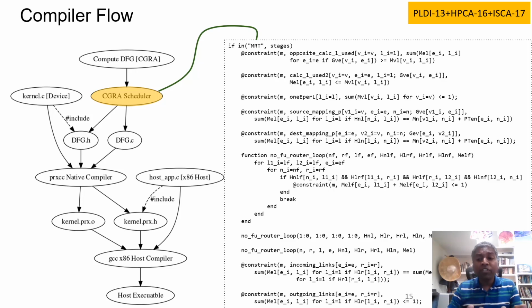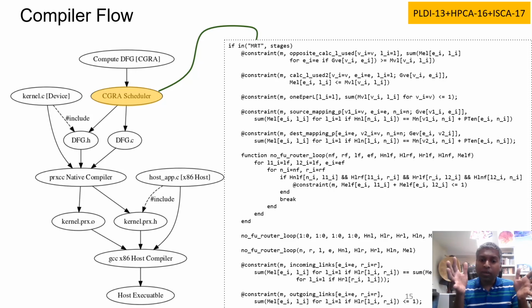The job of the scheduler is to create these mappings onto the hardware of what goes where. It then creates the object file that gets embedded as part of our full software stack into A.out and the x86 binary and so on. This sits underneath the DL parser and all of that, which I'll come to in a moment. So that's the full software stack, and that's the compiler flow.